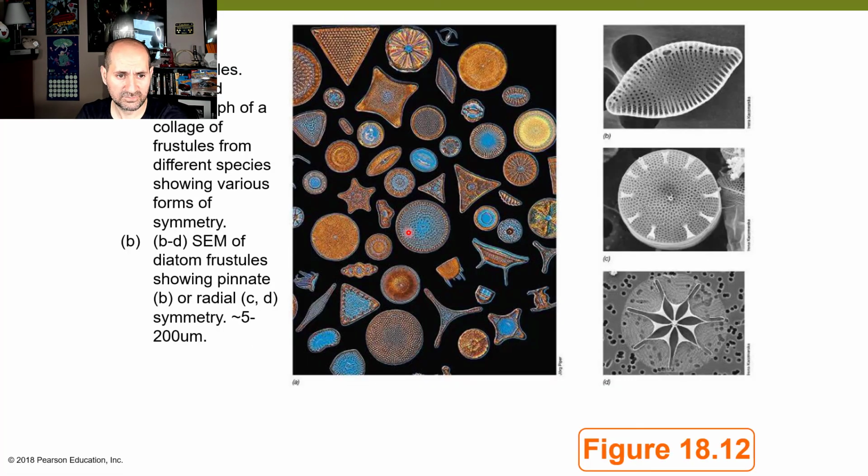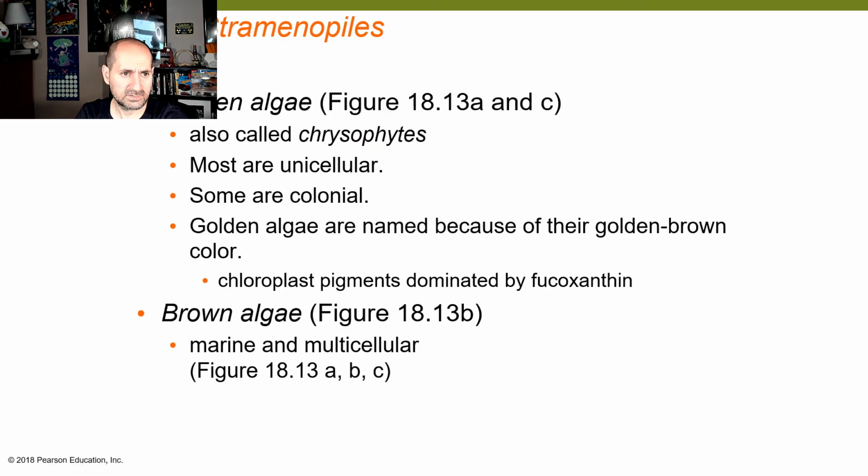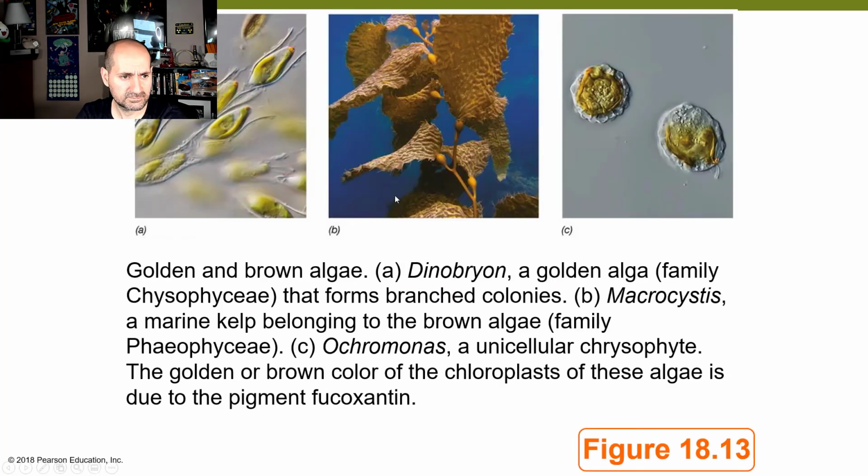The oomycetes, what do we want to know about them? They're called water molds, and they grow with filamentous growth. Here's the golden algae. The golden algae and the brown algae are photosynthetic, and they have their golden brown pigmentation because of a pigment called fucoxanthin.